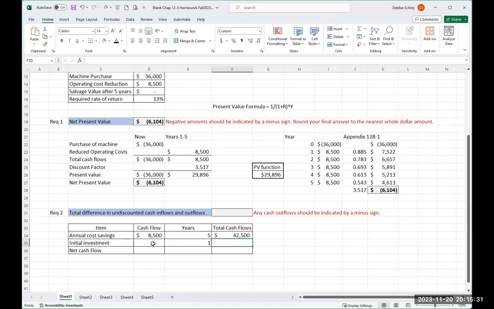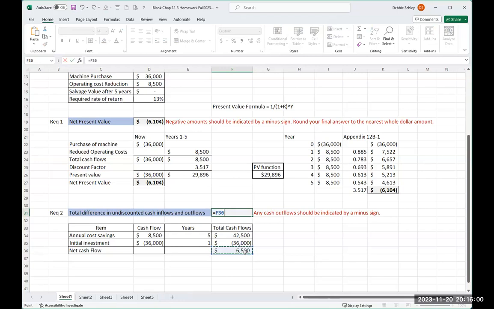And then my initial investment, again, is going to be negative because I spent the money. So negative of what the machine purchase was. And that only happens once. And so that times 1 year is just that.